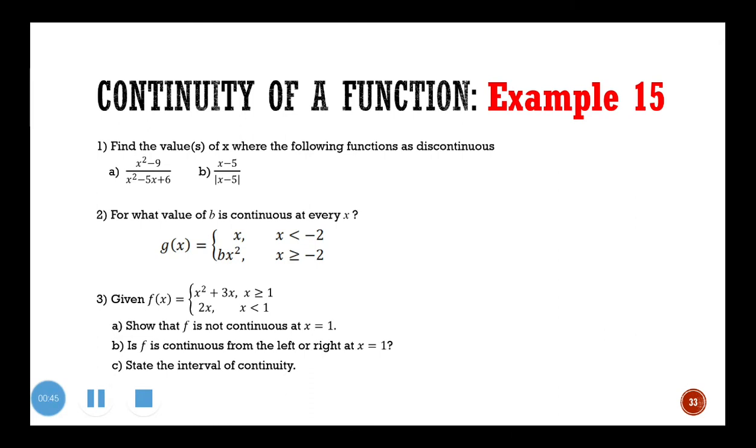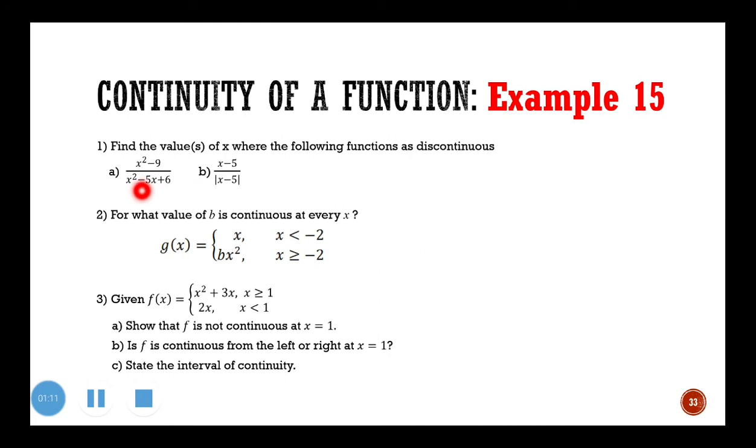Okay, so the first example in example 15, the question asks you to find the values of x where the following functions are discontinuous. We have two functions here, a and b. So the question wants you to identify the point where the function is discontinuous.